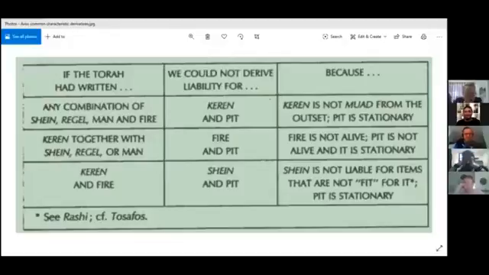And where you take a case of a primary damager that's not available, where for sure you have to pay based on what the Torah says, if you can convict on such a case where it's not available, so much more so that you can convict on a case that's not mentioned. Because we're giving you the harder argument to defend. And it's not only possible, it's an essential.